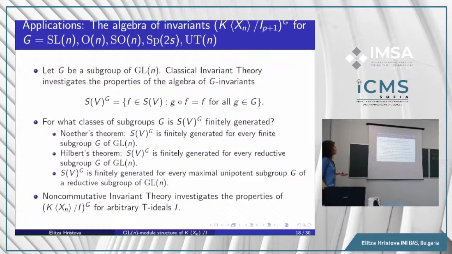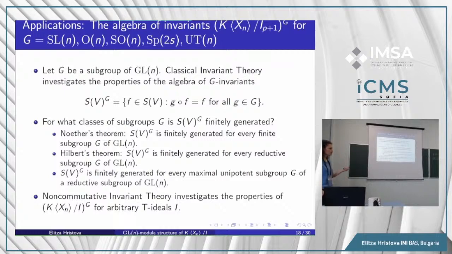Classical invariant theory investigates the properties of this algebra of invariants, where G is some subgroup of GL_N. The algebra of invariants usually means that we take all the elements from the symmetric algebra of V which stay fixed under the action of all elements of G. So they are invariant under the action.